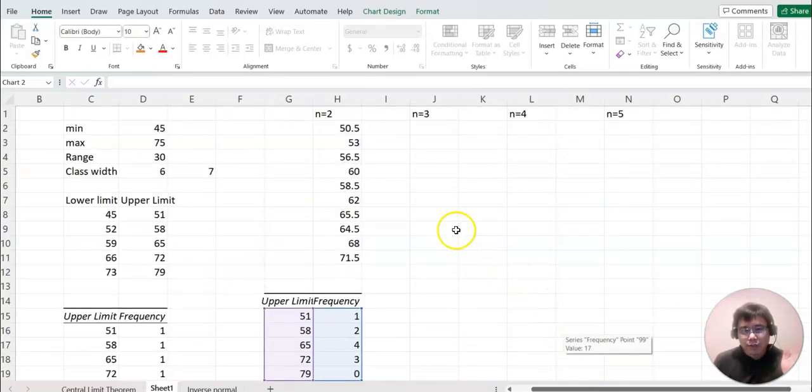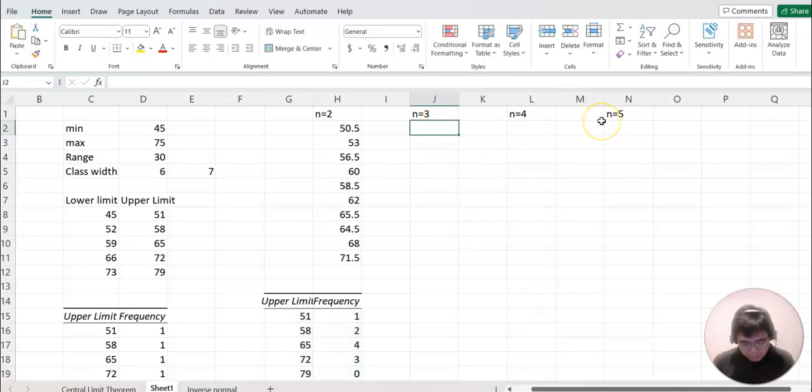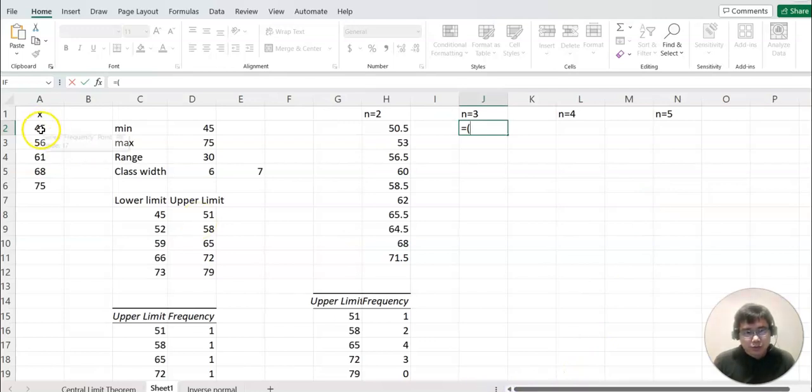Now n equals 3, which means we are selecting any random 3 data. Open the parentheses, and I just go to fix this value, and also fix the second value as well.